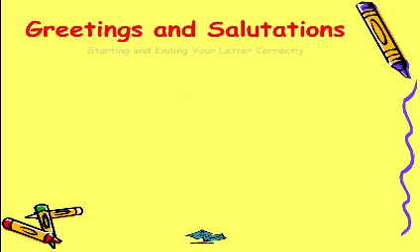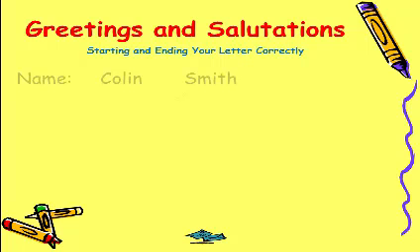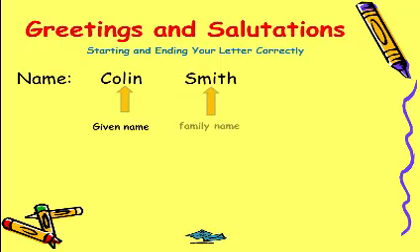Just a few more words about the correct way to address people when writing. In English, we write our full name as given name first, middle name if you have one, not everybody does, followed by the family name. In a formal situation, we use the title, Mr., Mrs. or Miss, followed by the family name.